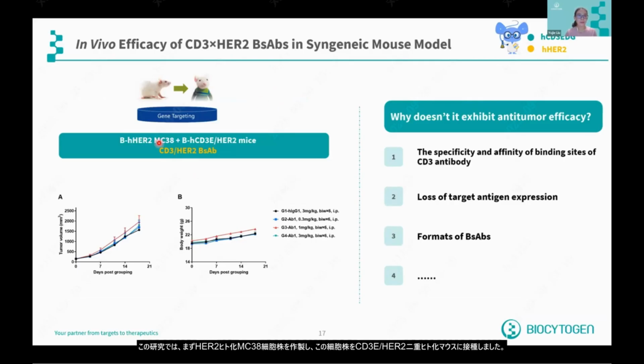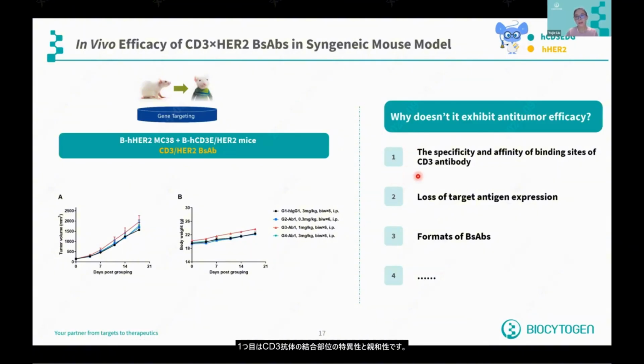In this study, first we generated HER2 humanized MC38, and we inoculated this cell line into CD3E HER2 double humanized mice. Unfortunately, we didn't get a very good anti-tumor efficacy at different dosages. So we had some internal discussion about why it didn't work, and there are several possibilities.